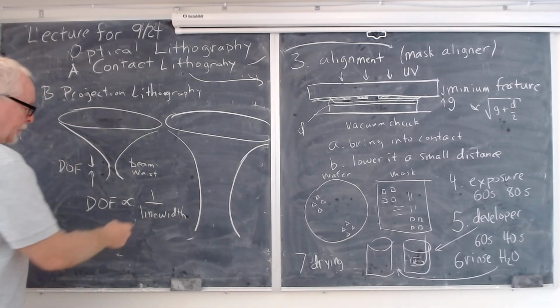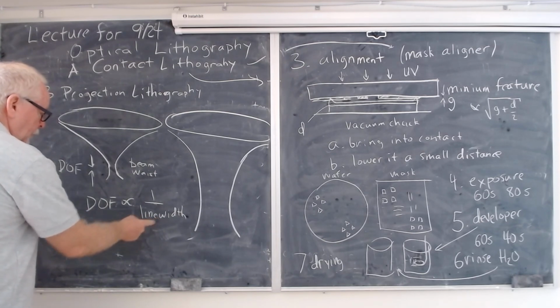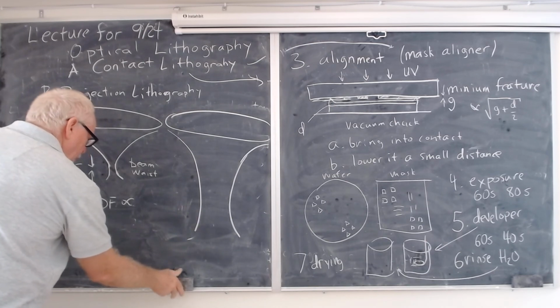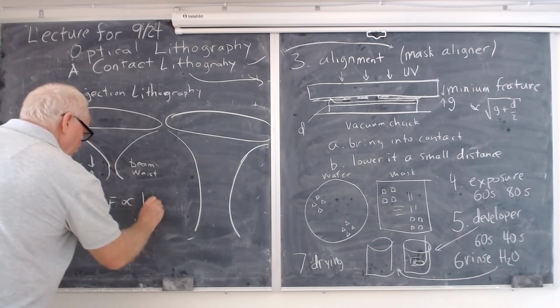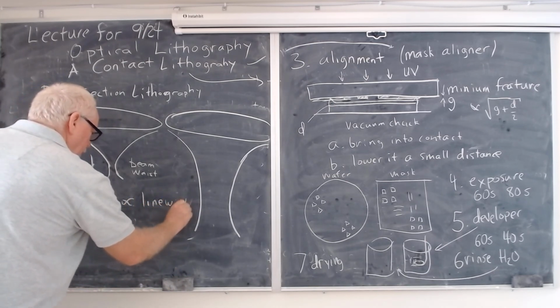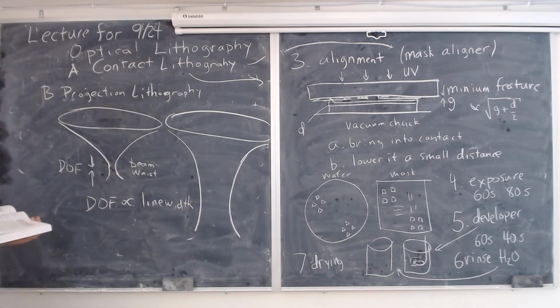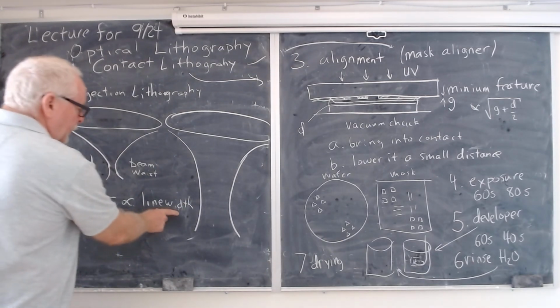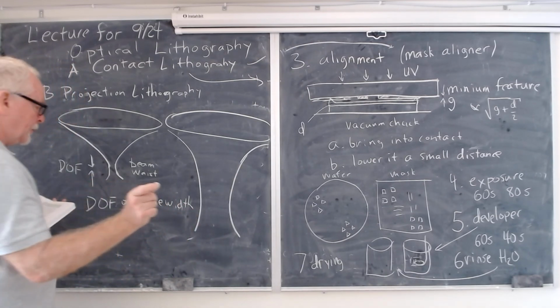Meaning you can design your optical system, that's the other way around. Resolution is the right way. Okay, so let's do it that way because resolution is kind of a funny term. You don't know what it means, but line width, that's the size of your feature in the wafer.